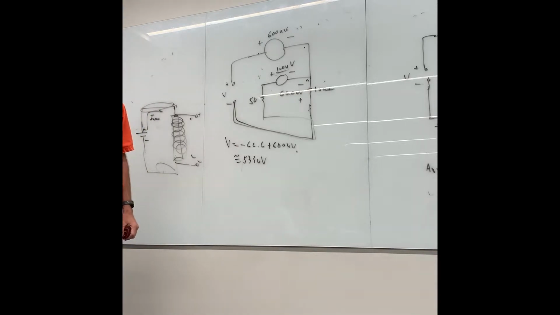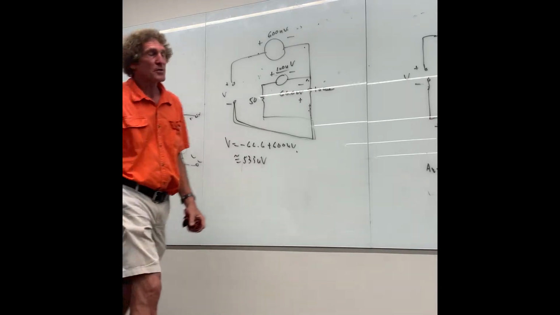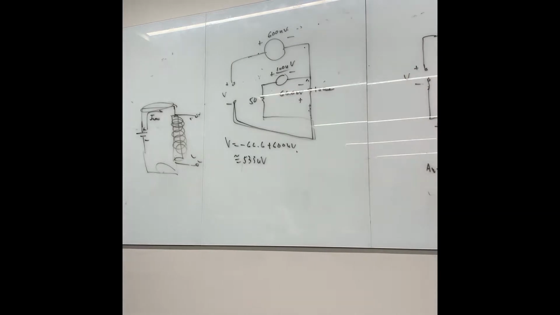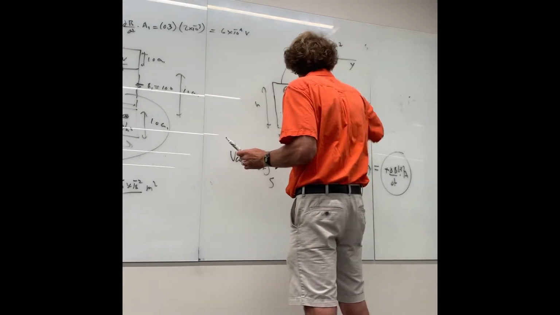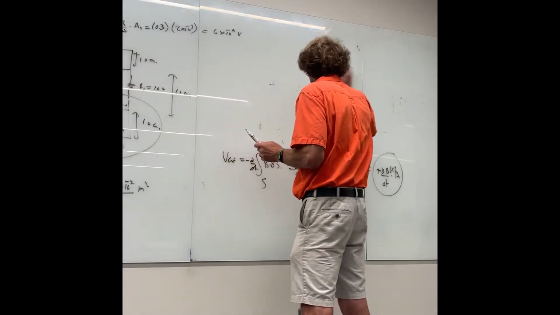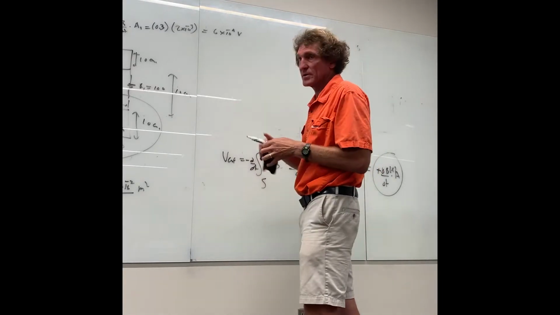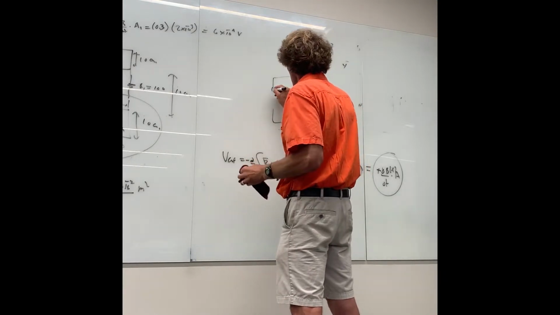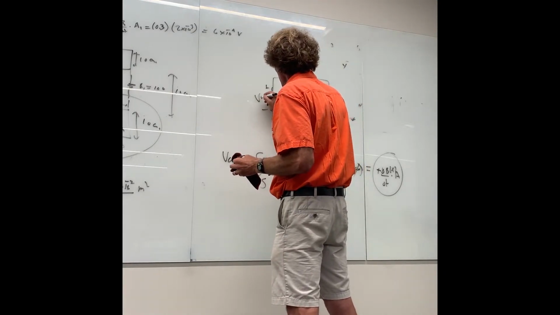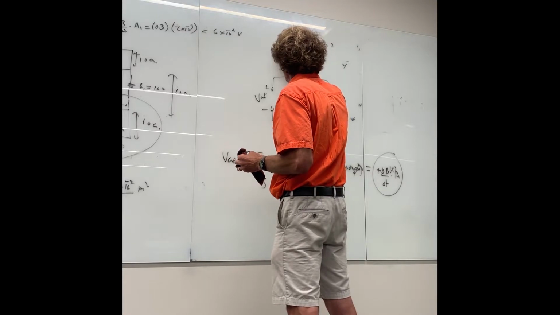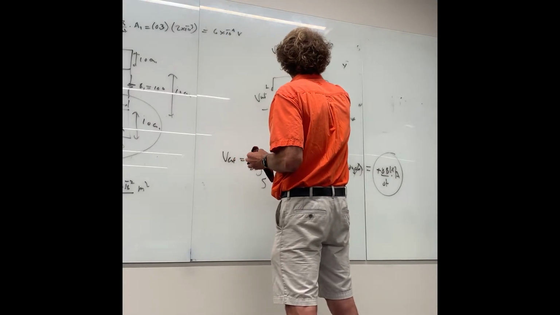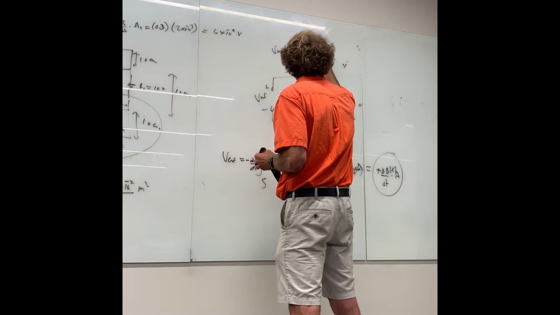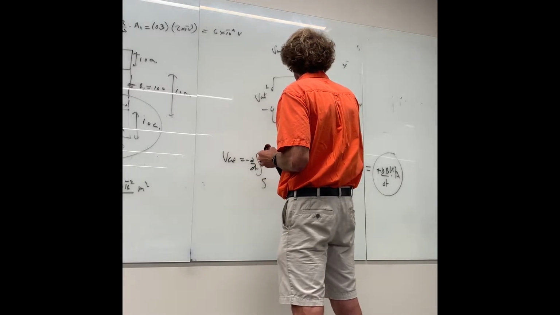You all see how I did it? And I put in pseudo sources for that. Remember, that's the easy way to do it. When you do these problems, after you do a bunch of them, you don't need to. Just start with a square loop, put in the B field in the right direction, then break it right here, put plus to minus VEMF, and say that VEMF is equal to minus d/dt of the integral of B dot dS over the surface of this loop.